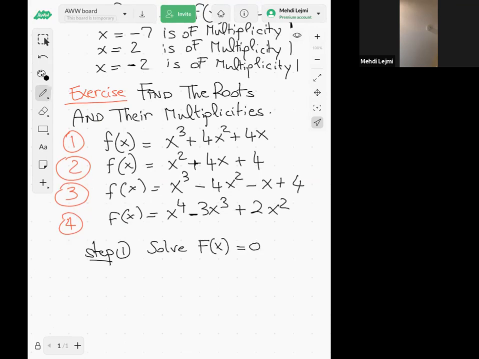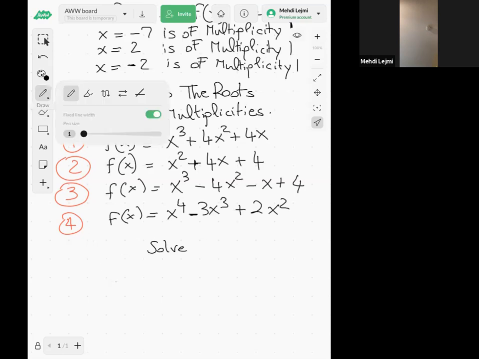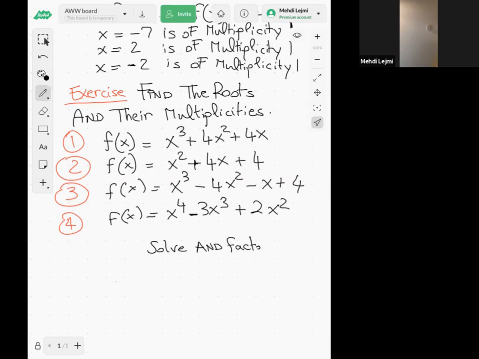And to find the multiplicities of the roots, you need to factor f of x. So we have to solve and factor f of x equal to 0. Okay.